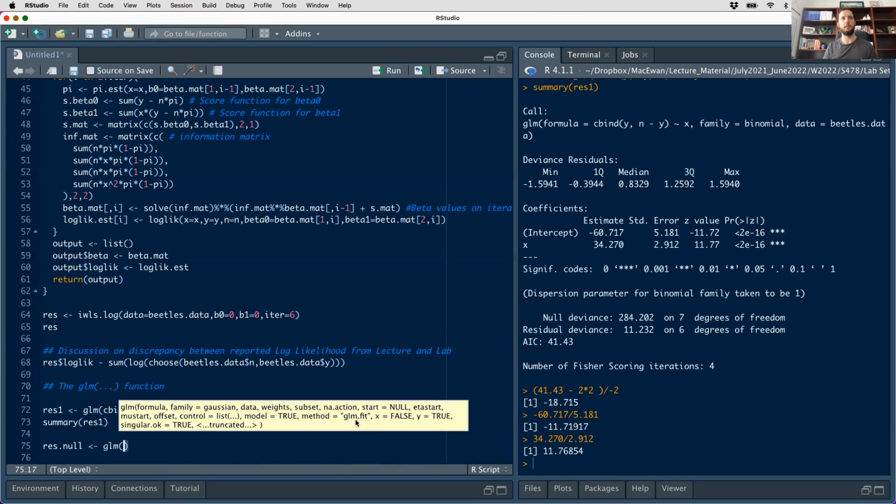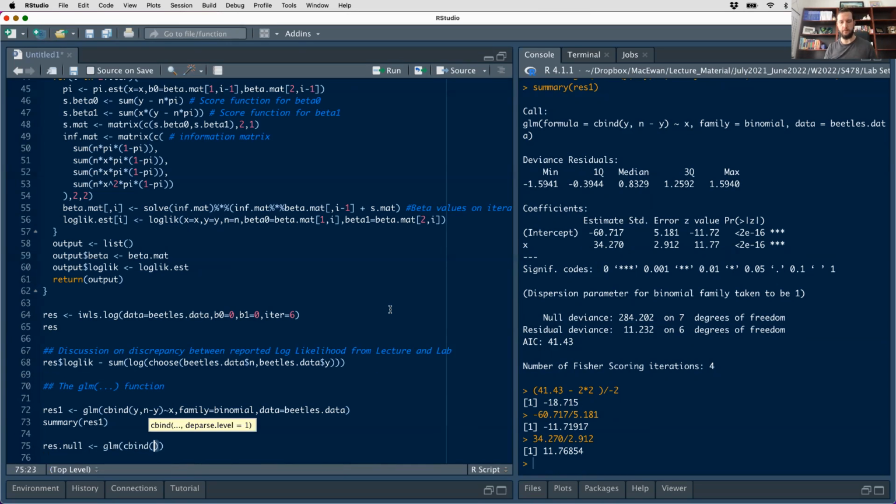So to explain what that means, we can actually fit this model using the GLM function. So we would have y n minus y given 1. Okay, so this is basically saying fit only an intercept term, right? So it's logit pi i equals beta 0.